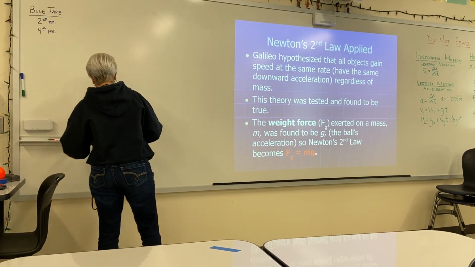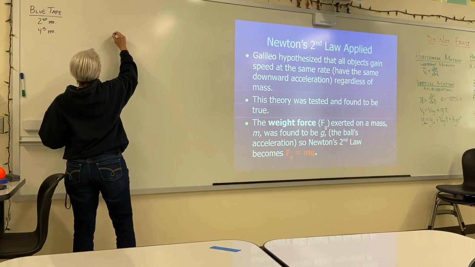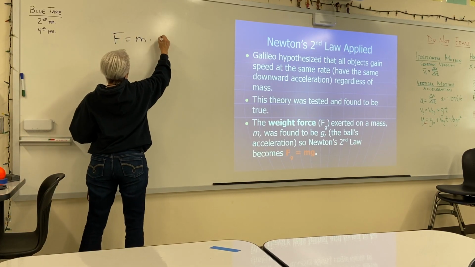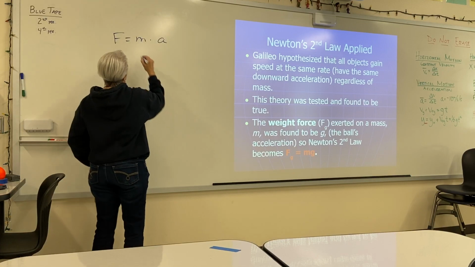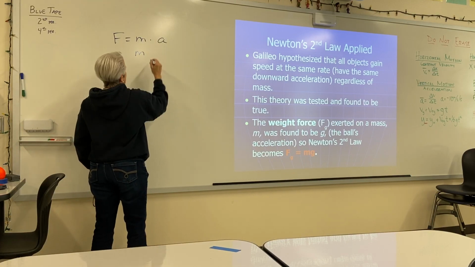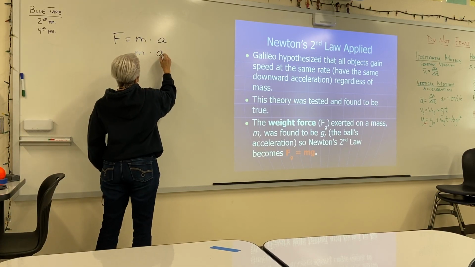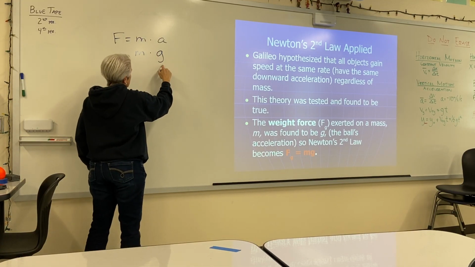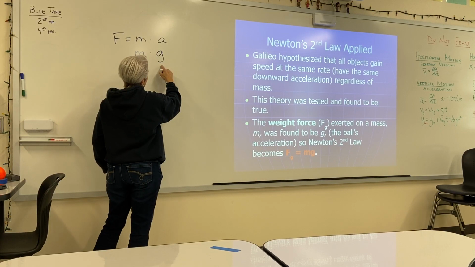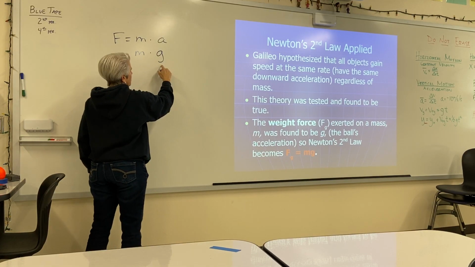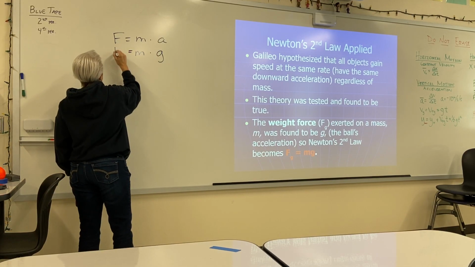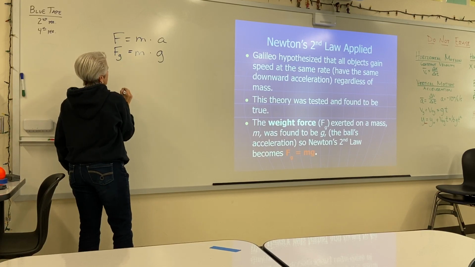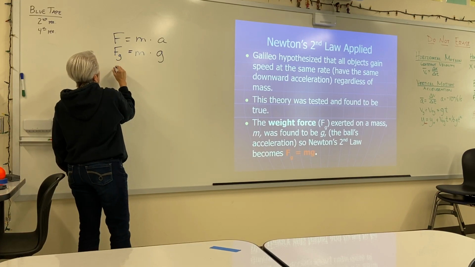So we can say that from F equals mass times acceleration, we can take an object's mass and multiply it by the acceleration due to gravity. This specific one, Fg, this specific gravity is negative 10 meters per second per second. This force is the force due to gravity. This is what we call our weight.